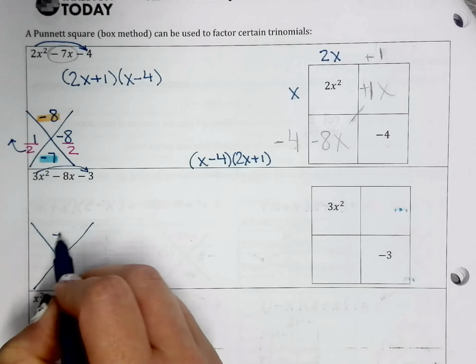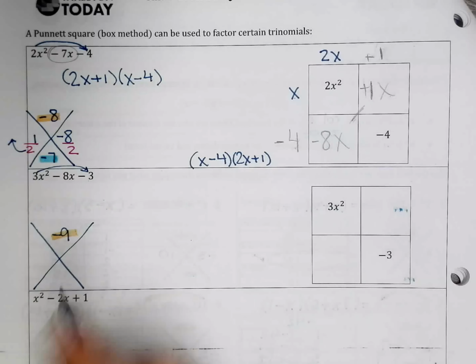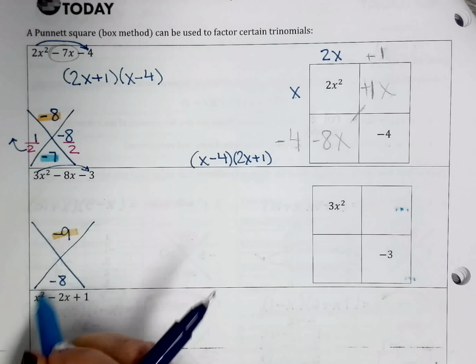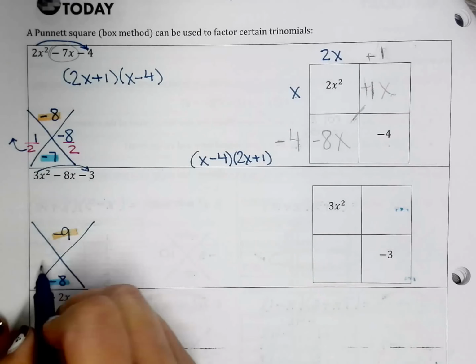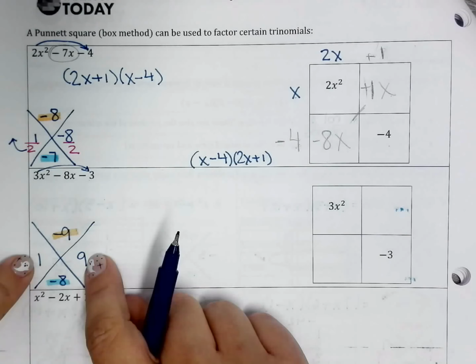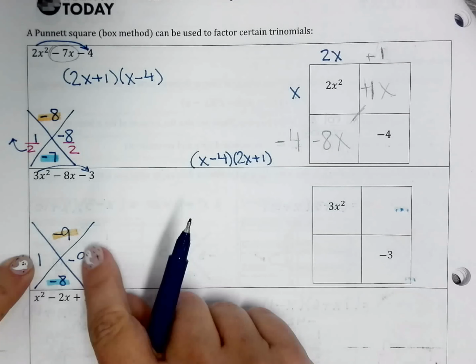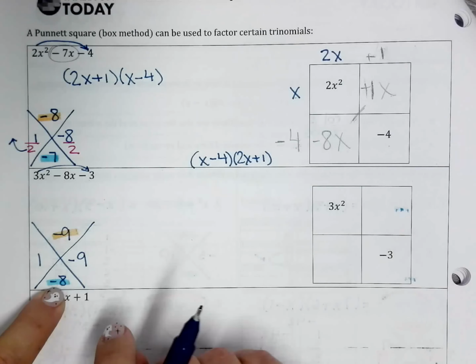Multiply right there, negative 9. So multiply to negative 9 and add up to negative 8. So 1 and 9. So 1 times 9 is positive 9. So one of those would have to be negative. Well, 9 will be negative because 1 minus 9 is negative 8.